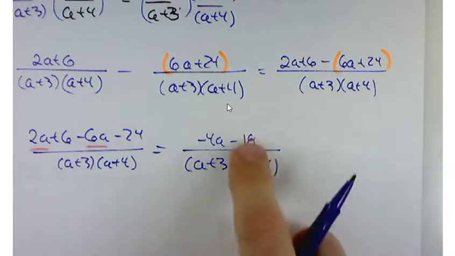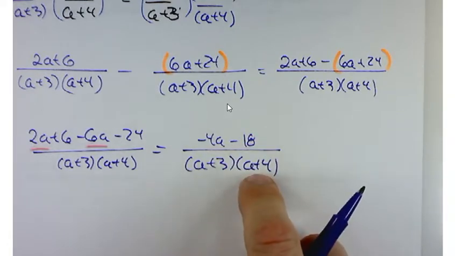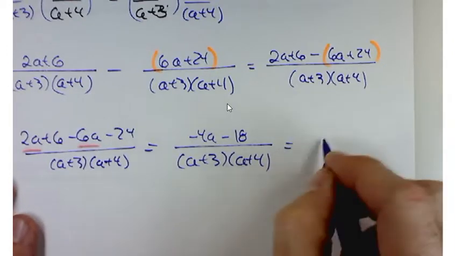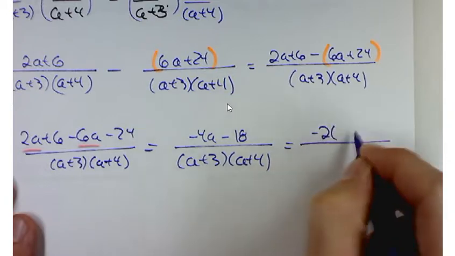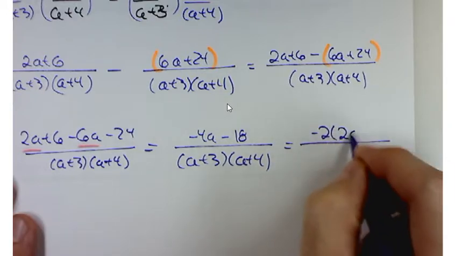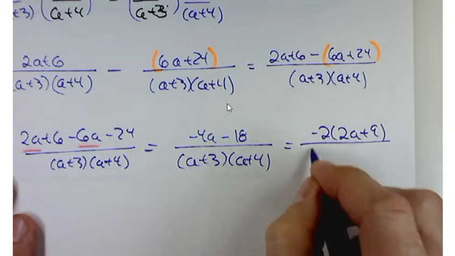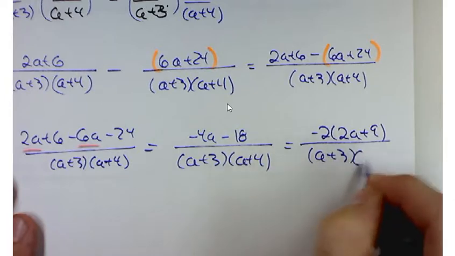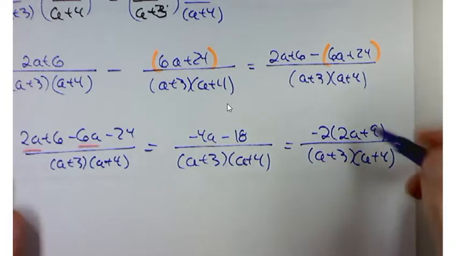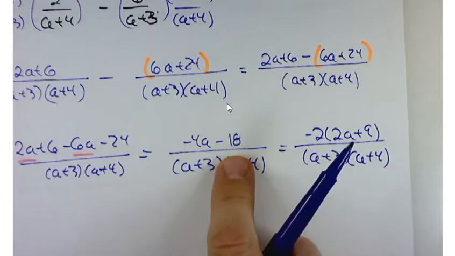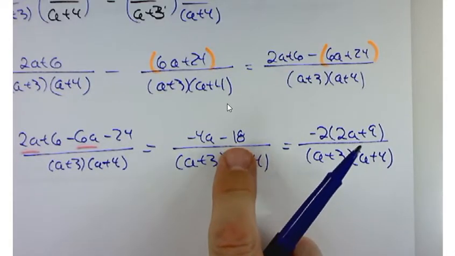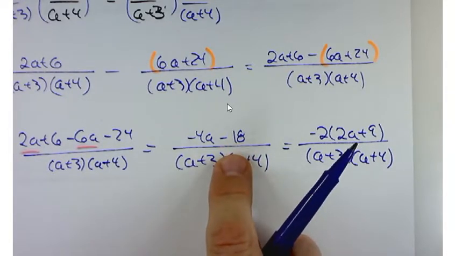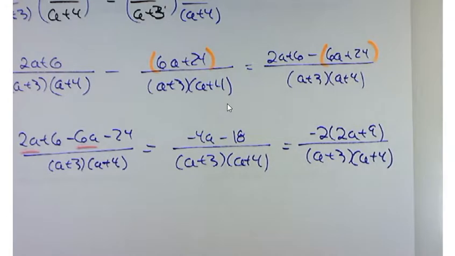Well done. Now, if there's some extra cancellation, I would want you to do it. There really isn't any in this case. You could, if you're really motivated, factor out a negative 2, which leaves behind 2a plus 9 over a plus 3, a plus 4. But in my eyes, you're not going to get any more cancellation, so this is okay. If there was some more cancellation, I'd want you to do it.